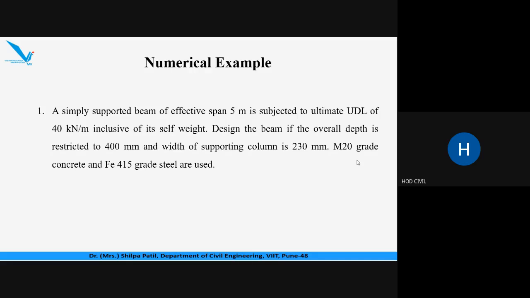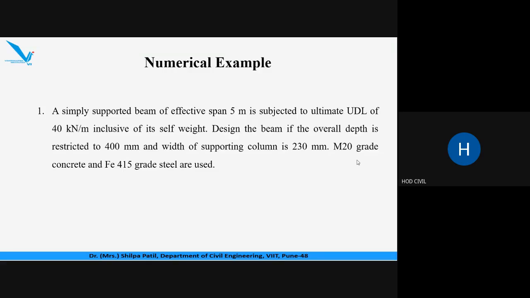When we start the design of beam steps, we first decide the dimensions of the beam, in which we also decide the depth of the beam. Now that is not required here because the overall depth is restricted to 400. It means we cannot use an overall depth value more than 400 mm. So we have to adopt the same value, 400 mm, as the overall depth.